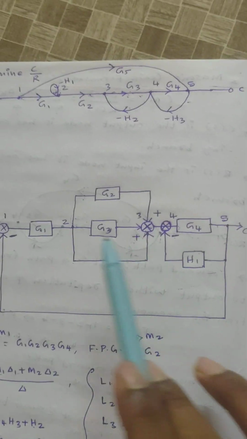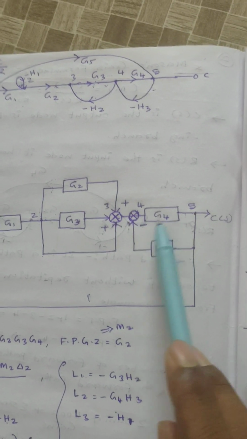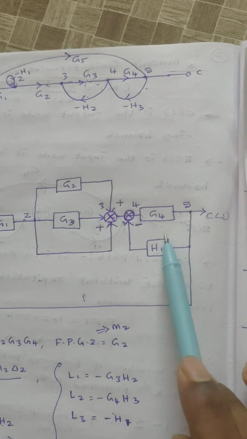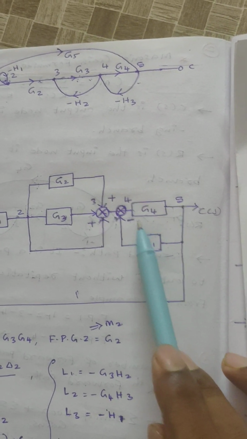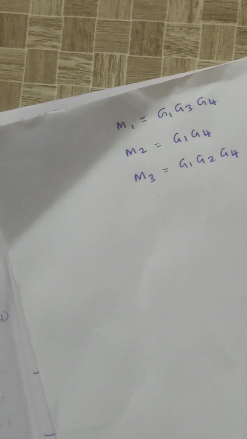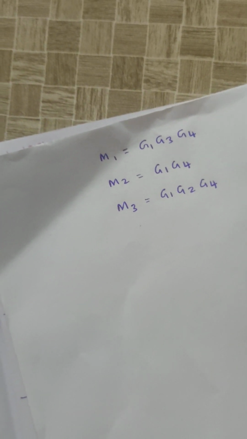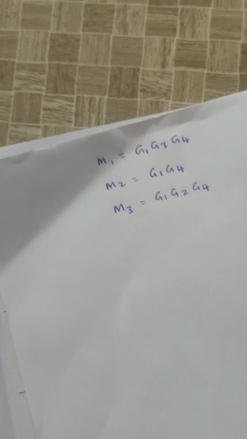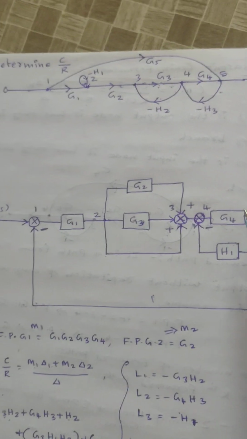Next, identify the loops and loop gains. Here this is one loop, right? The loop gain is G4 into H1, with a minus because of negative feedback. That means loop gain L1 is equal to minus G4 H1.